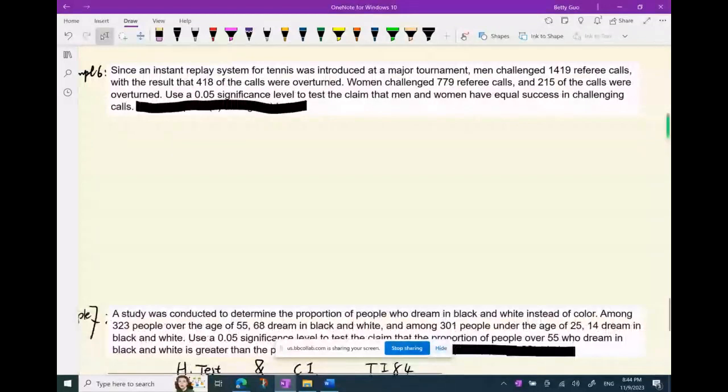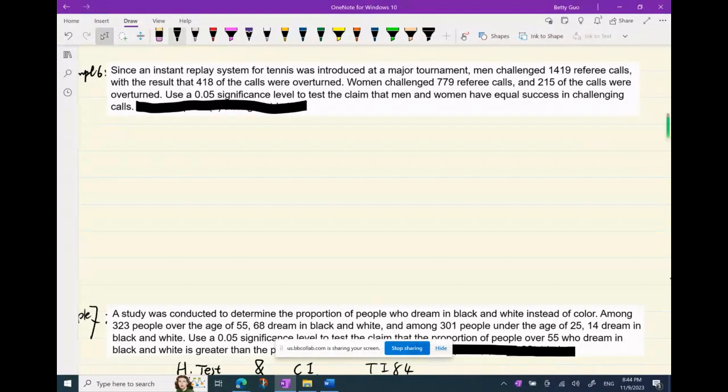Since an instant replay system for tennis was introduced at a major tournament, men challenged 1419 referee calls, with the result that 418 calls were overturned.